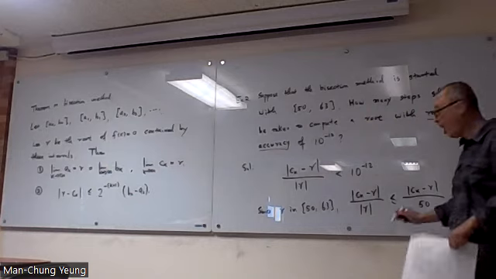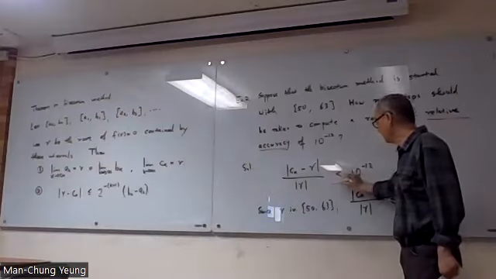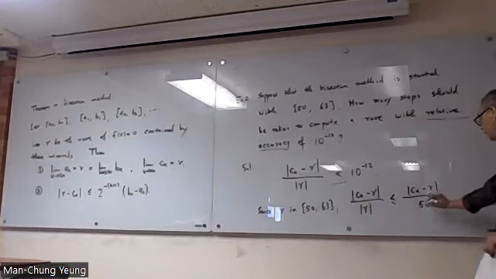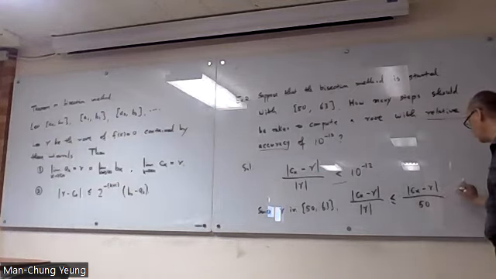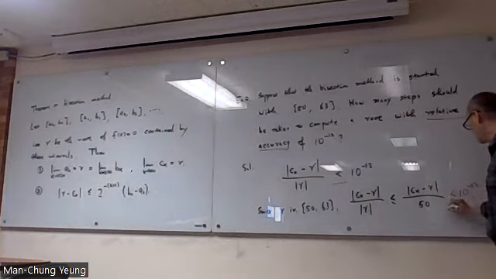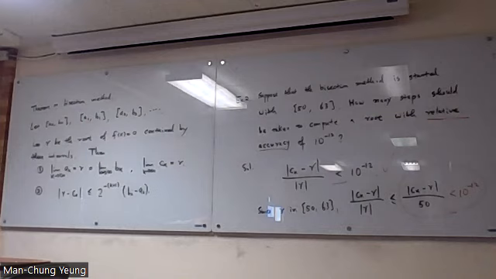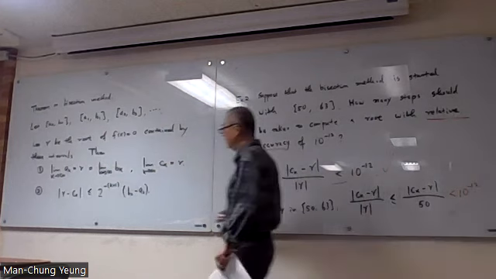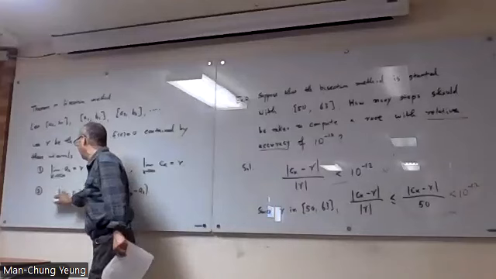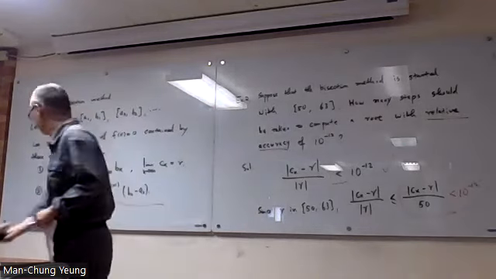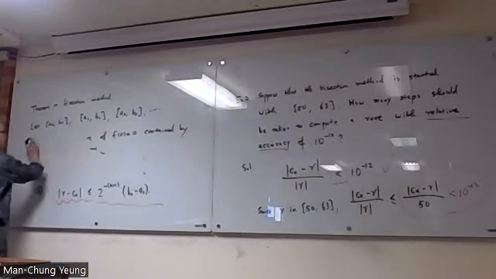Now, in order that this inequality is true, I make this quotient less than the bound. If this quotient is true, then this is true, because of this less than. So now I solve this inequality.